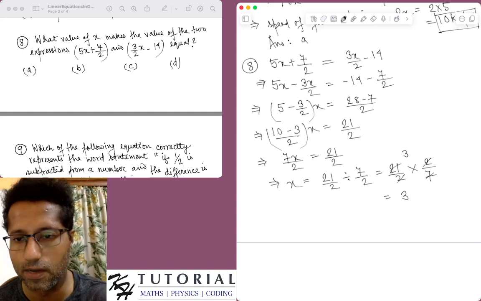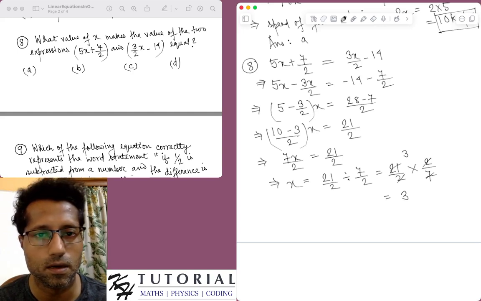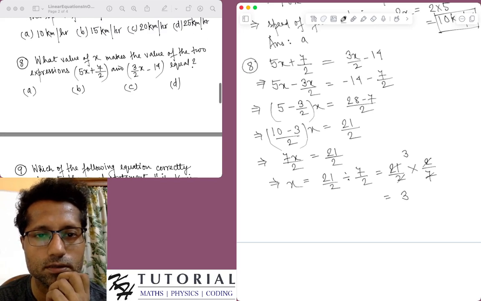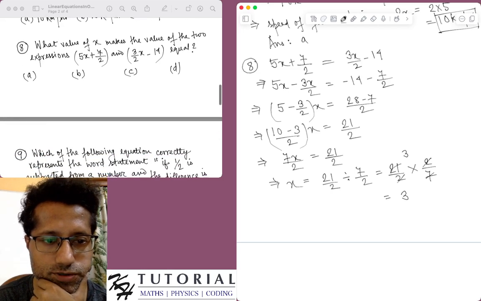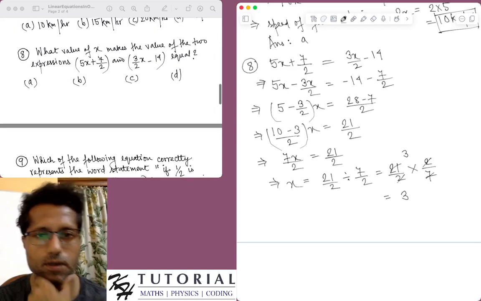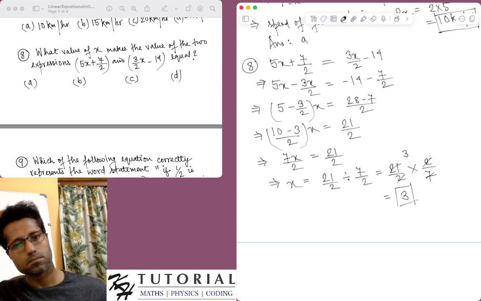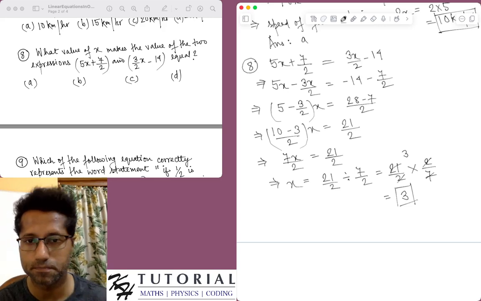So definitely the value of 3 will make the two expressions given to be equal, and I see the options are blank in question number 8. I'm sorry, it's my mistake. Anyway, so the answer is 3. I forgot to give the values of the choices. Sorry for that.